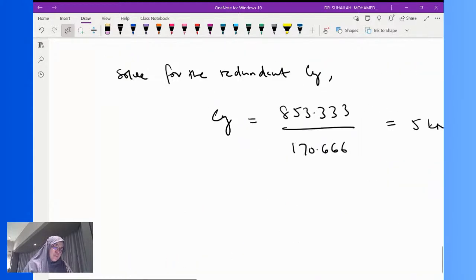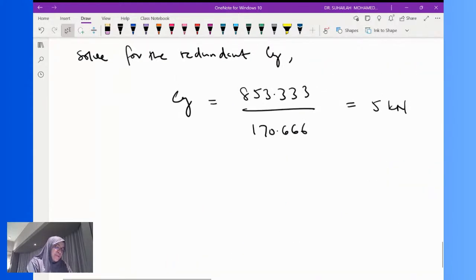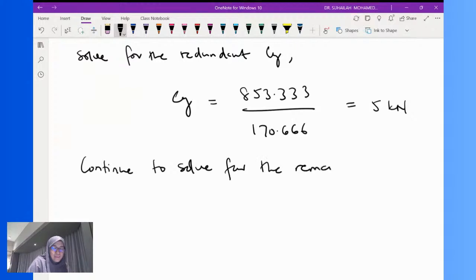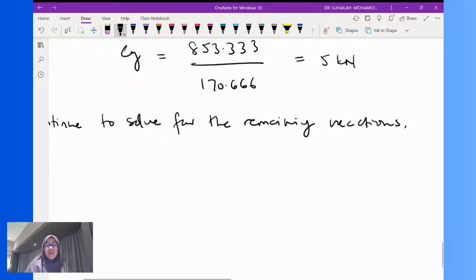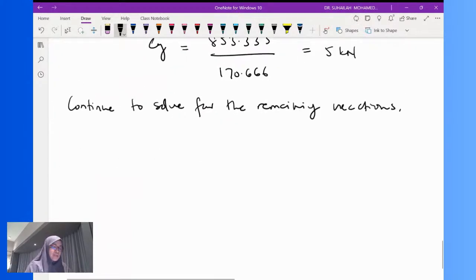So we can continue to solve for the remaining reactions.